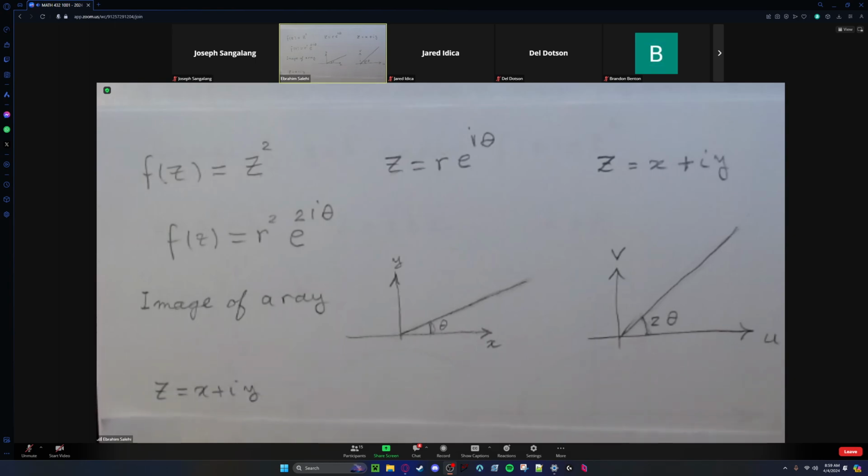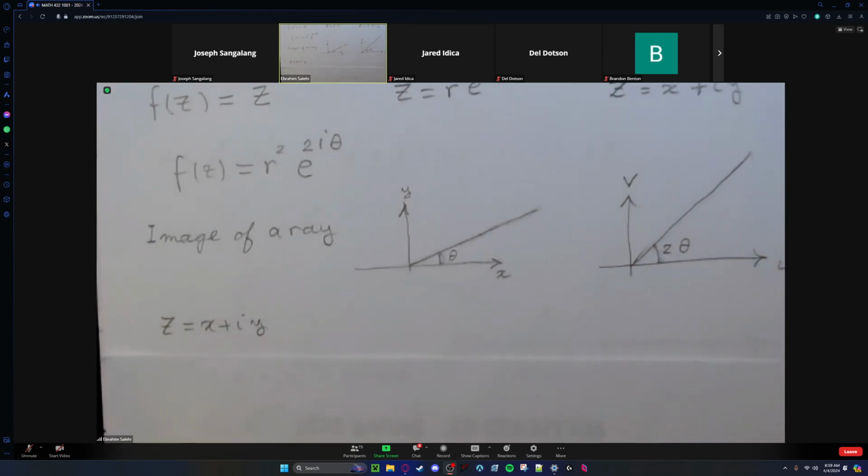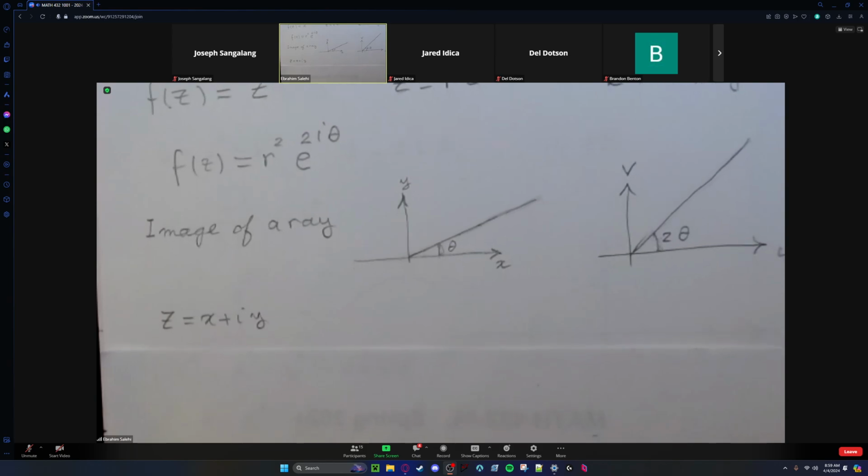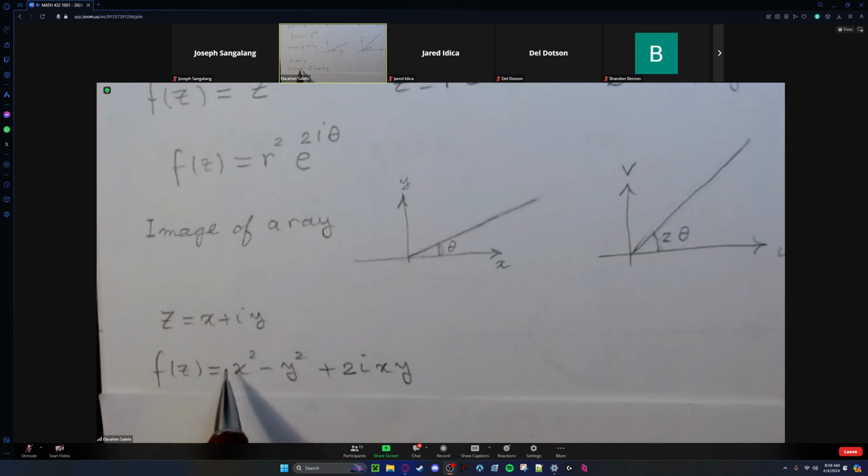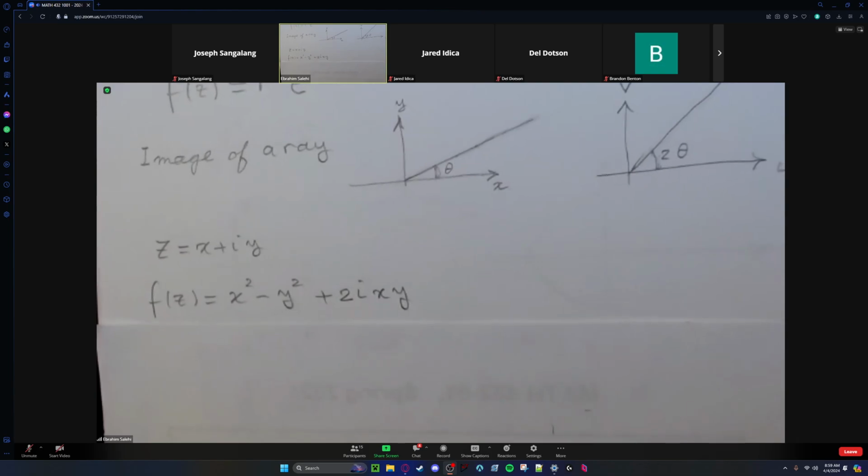Now, what if we let Z be x plus iy? Oh, let's check. If I let Z be x plus iy and square it, we get this. This is the real part, and 2xy is the imaginary part. That is going to give us a bunch of other results.